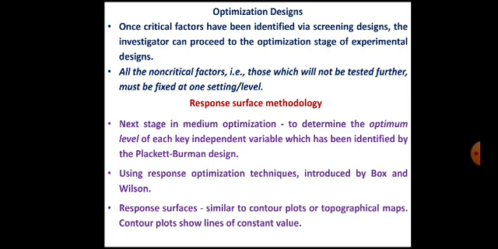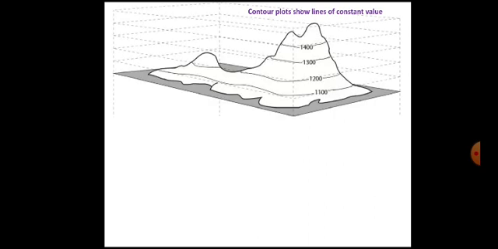These contour plots we might have learned in the geography subject, which are useful for determining altitudes. Say for example, this is a hilly region, so you can see the variation in the heights of the hill.